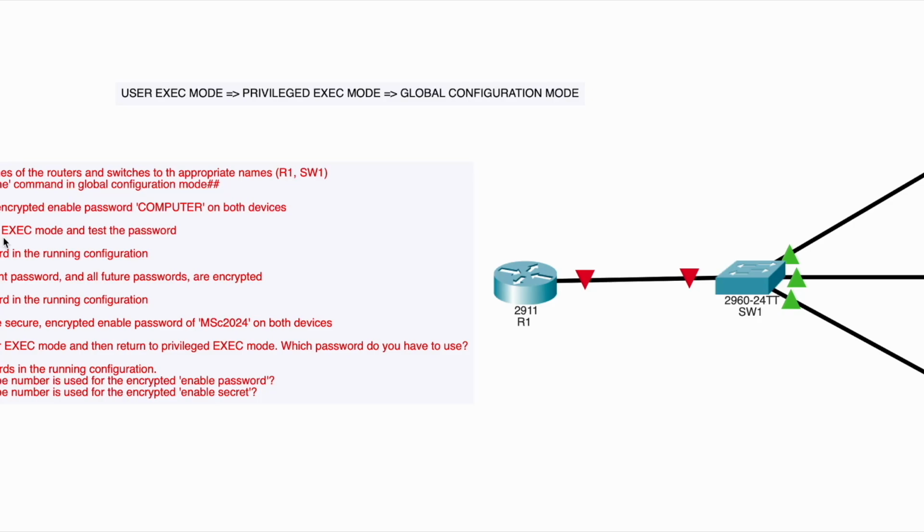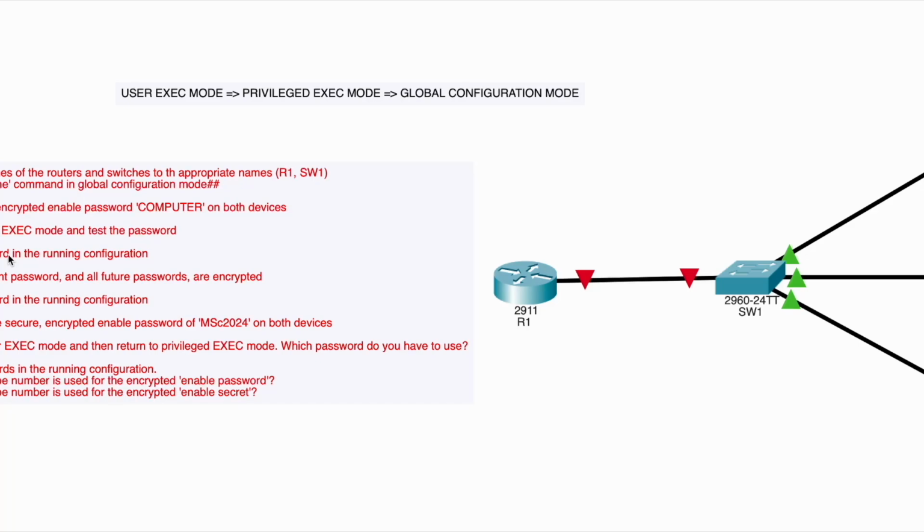Anytime you hear the word configure, based in the domain of Packet Tracer or networking, what should come to your mind is that the only mode that can allow you to set anything or configure anything is global configuration mode.